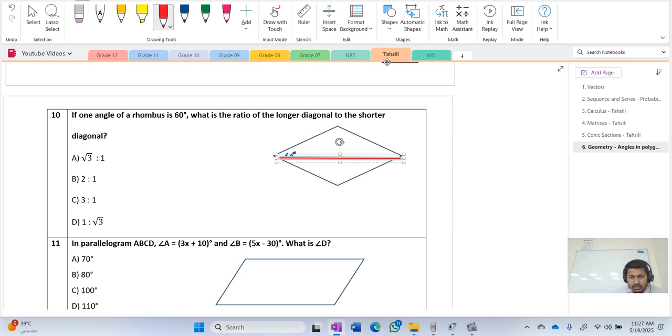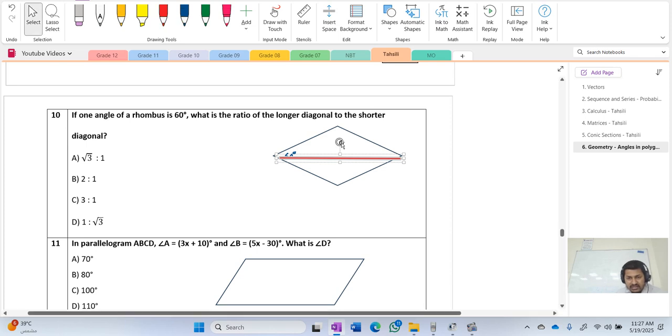If this is 60, this entire angle is 120, so this will also become 60, 60, and this will become 30, 30. Why? Because the diagonals of a rhombus bisect the vertex angles. So that's 30, and this is 60, 60.